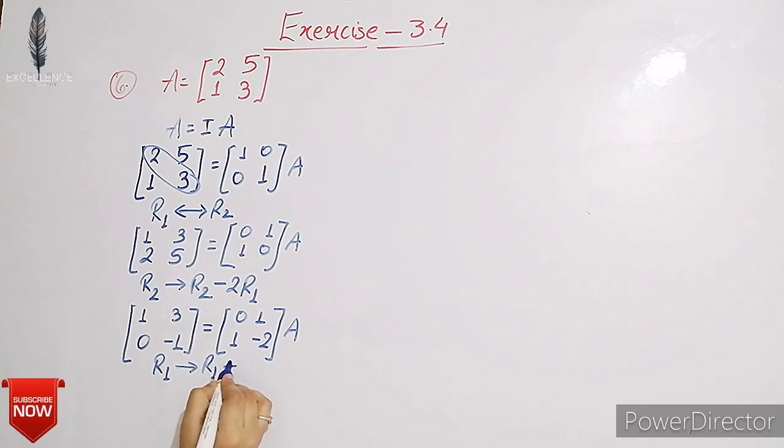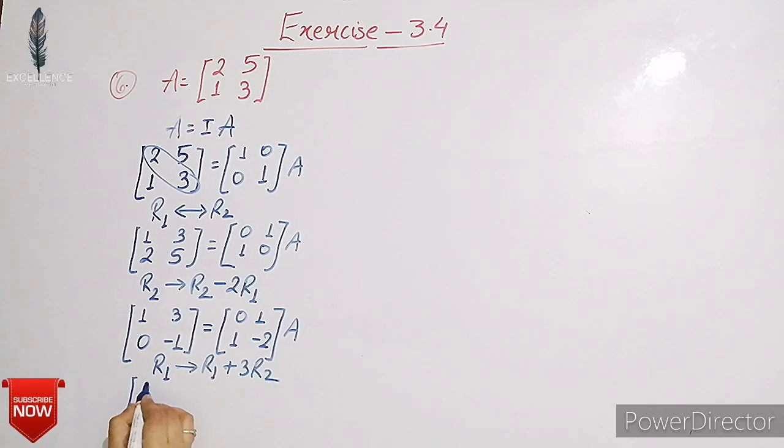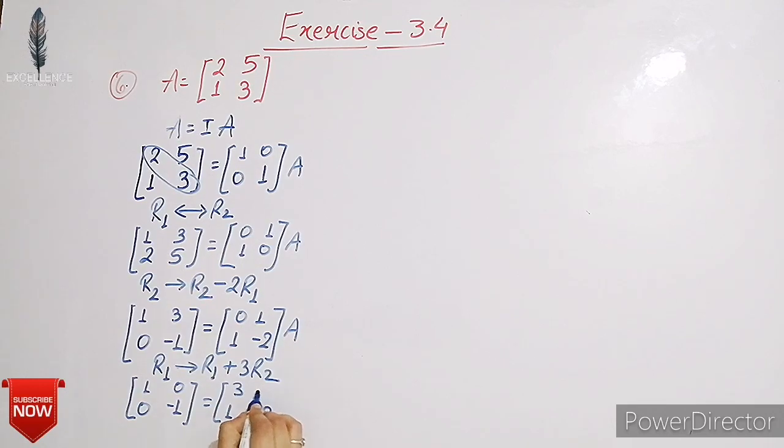So R1 is such that R1 plus 3R2. Then we get 1, 0, 0 minus 1 is equal to, here R2 is same 1 minus 2 and R1 becomes 3 and it is minus 5, A.